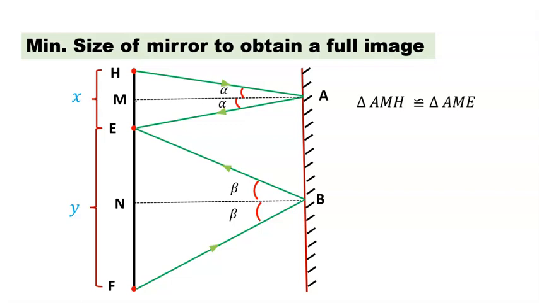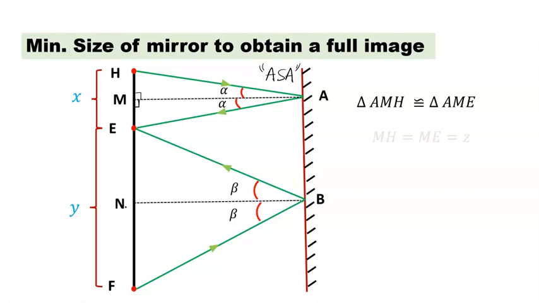And the side AM is a common side for both triangles, and again this angle is the same for both triangles, that is angle AMH and angle AME. So using this ASA rule, we can say that these two triangles are congruent. Similar logic follows for triangle BNE and triangle BNF.